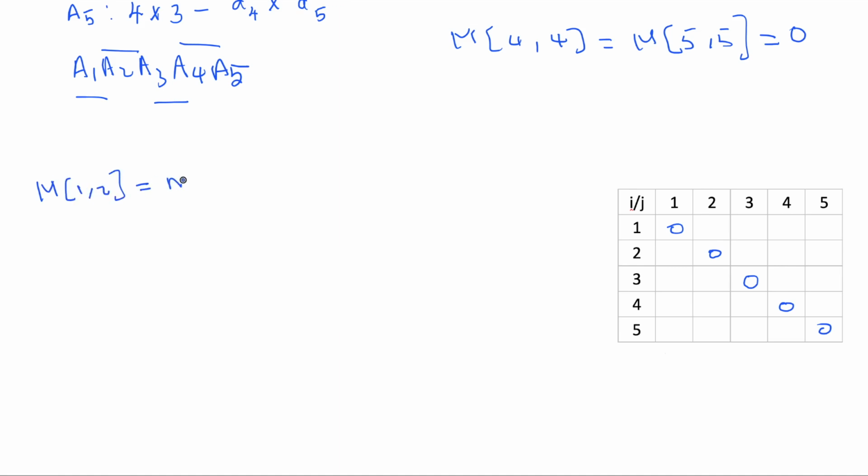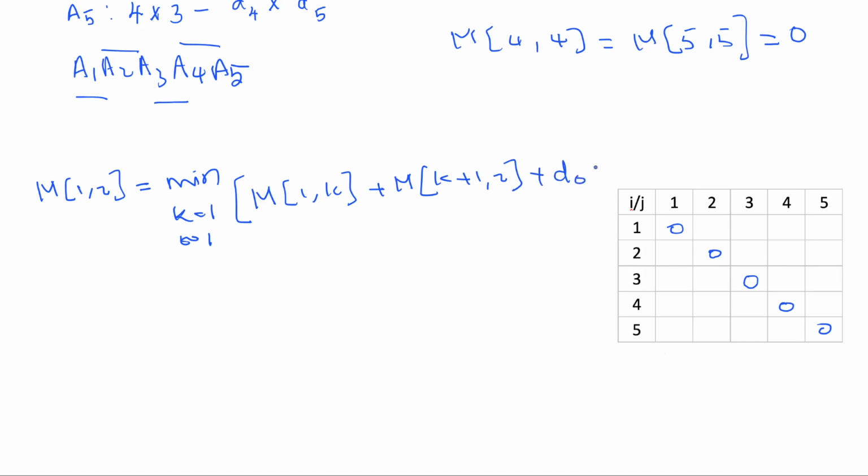That will be the minimum over k from 1 to 2 minus 1, that is 1 to 1, of M of 1 comma k plus M of k plus 1 comma 2 plus d0 d1 d2.